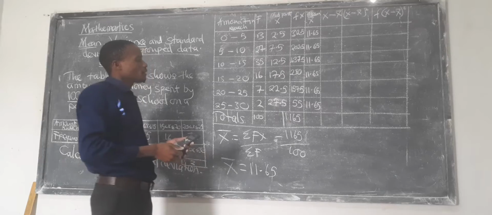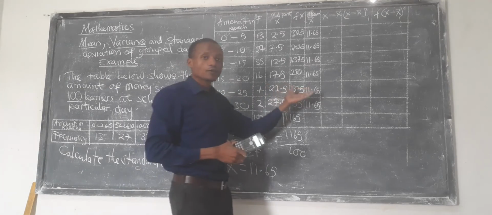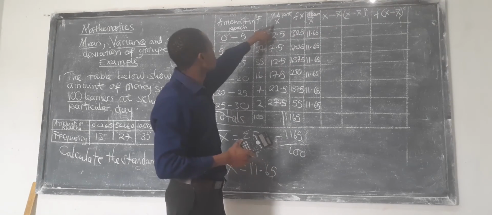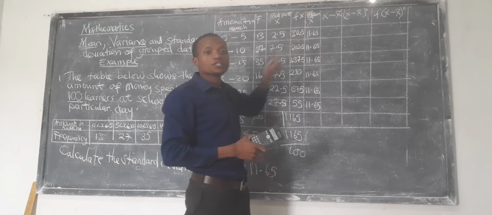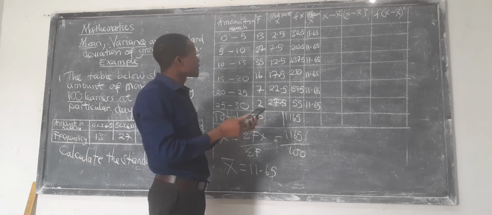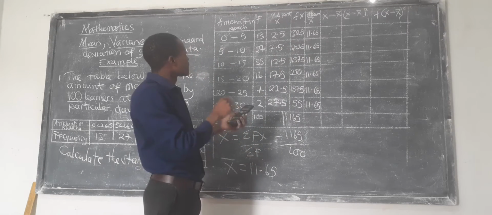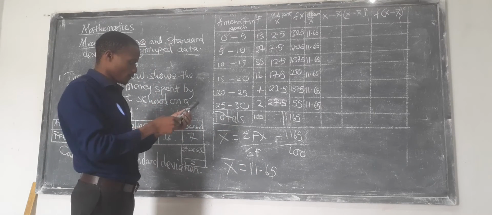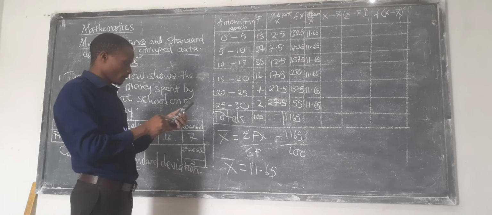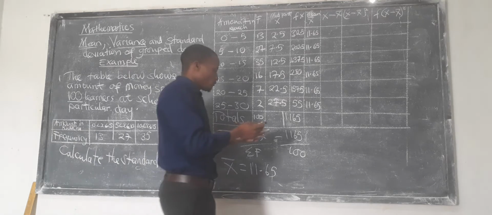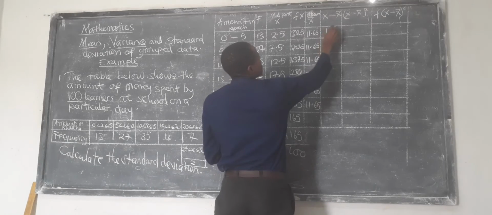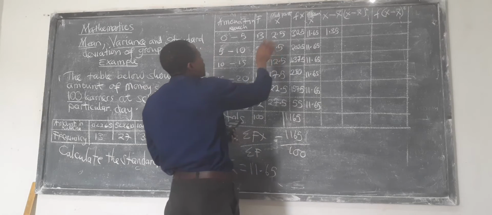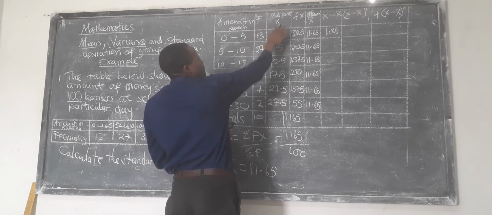When you find the mean, the table tells you what to do. You calculate x minus mean, meaning the midpoint which we have found minus the mean. Not 13, sorry, we are not using frequency, we're using the midpoint.